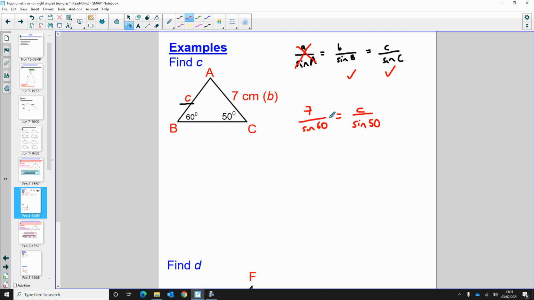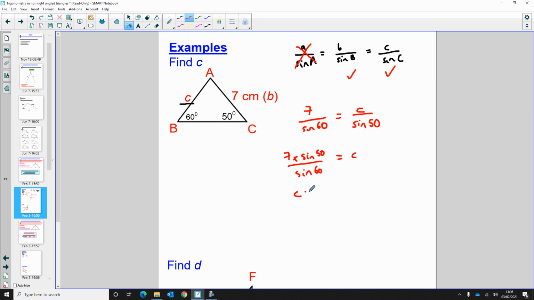Now we've got all the parts put in the equation, we need to move a couple of things around. In this case, we're trying to find c. So we need to take this sine 50, which is dividing the c, and bring it up to this side and multiply. So it's going to be 7 times sine 50 divided by sine 60, and that's going to equal c.